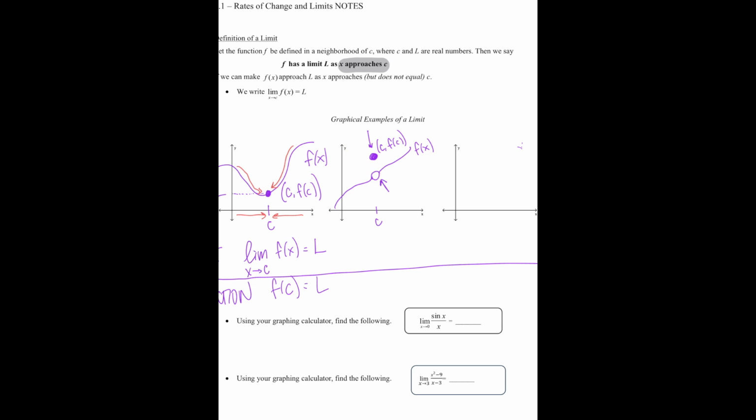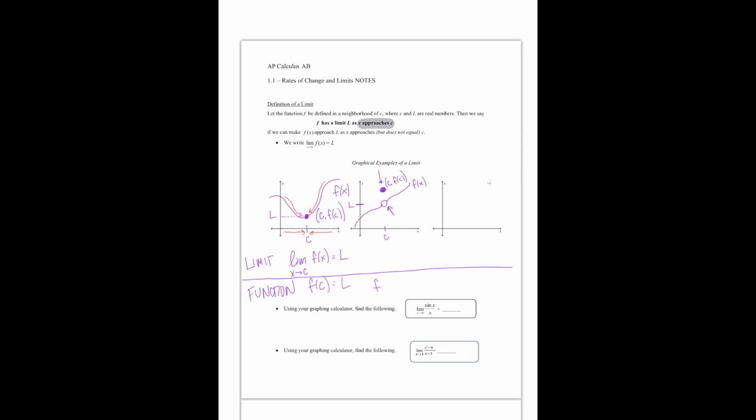All right, so this is L. Then when I plug c into f, I get something that is not L. Okay, but the limit as I'm approaching c, as I'm headed towards c from the left, from the right, I'm still approaching L. Okay, so again, the function doesn't actually equal L, but the limit does.